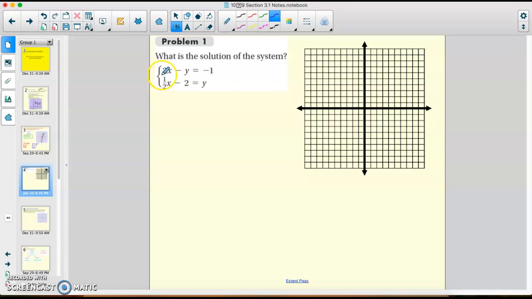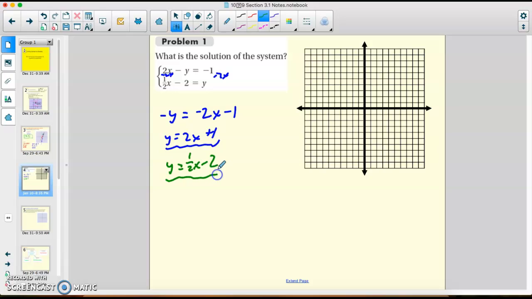So I'm going to subtract my 2x from both sides, and I get negative y equals negative 2x minus 1, which when we divide by negative 1, we get y equals 2x plus 1. So that's one of my lines, and then I'm going to write my other line here: y equals 1/2 x minus 2. So those are our two lines.